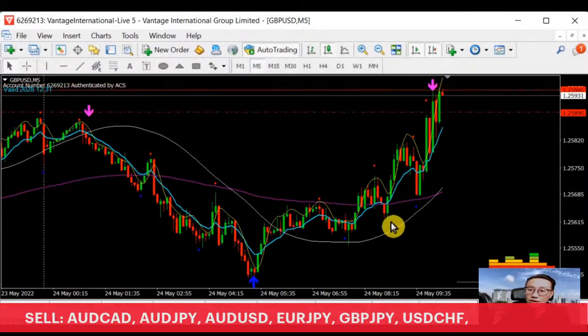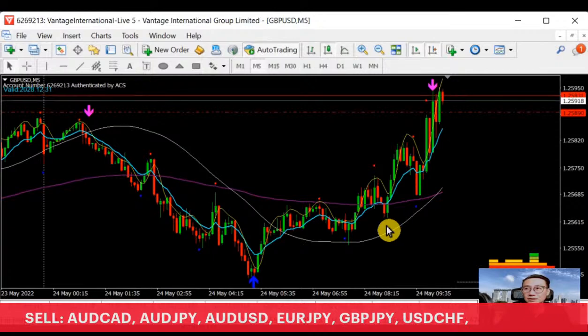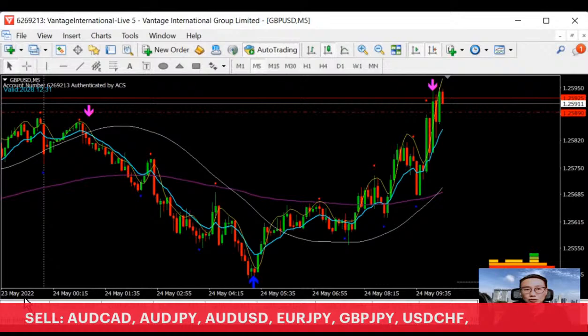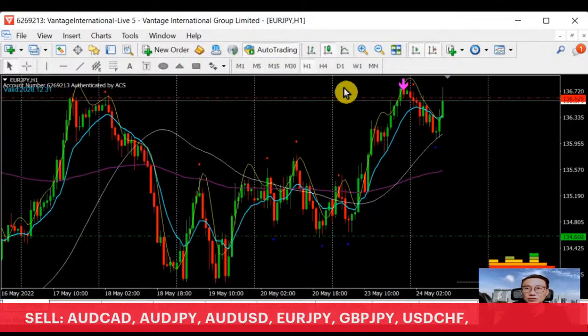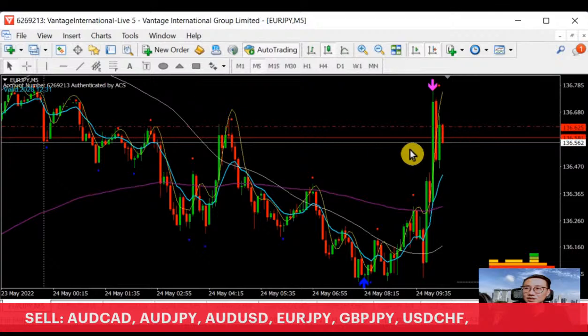The pound is releasing the French PMI, which may impact the euro. Let's take a look at the euro yen. As you can see, this is what I meant here.